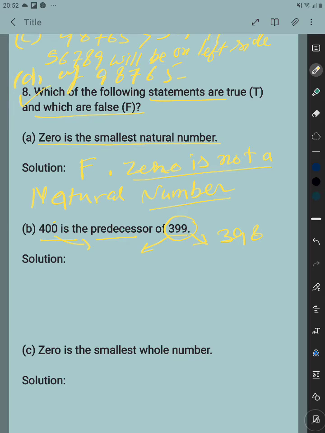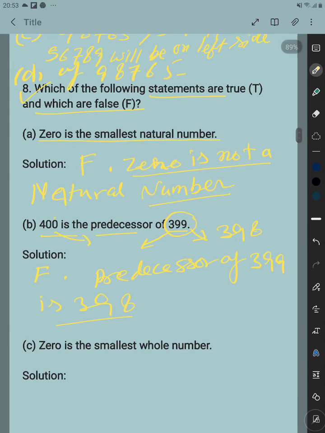So this question is also false. So what will we write? Predecessor of 399 is 398. That is why it is false.